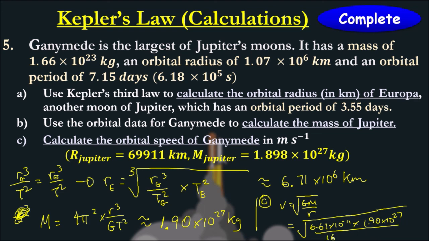So we have 991 times 10 to the power 3 plus the radius of the orbit, which is 1.07 times 10 to the power 9, and that gives us an orbital speed of about 105 meters per second.